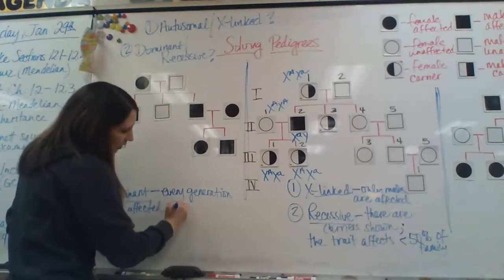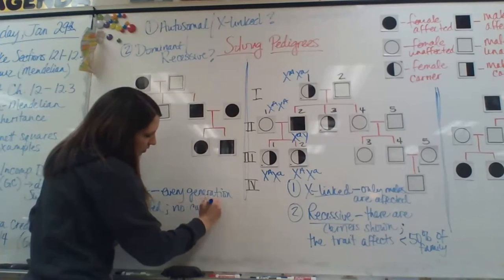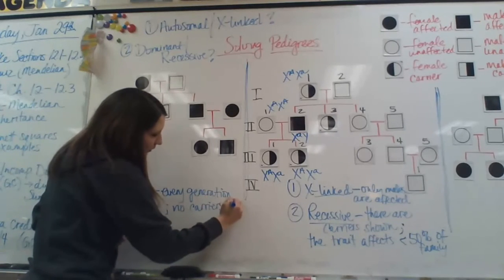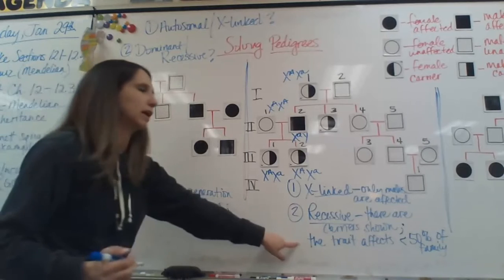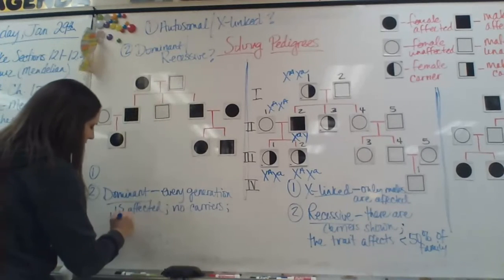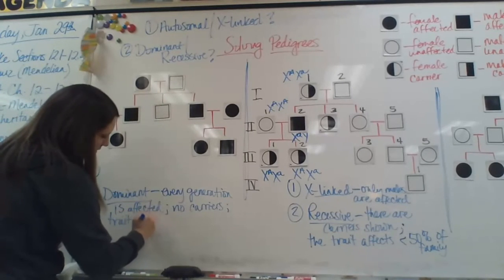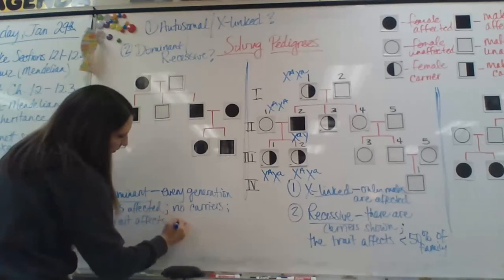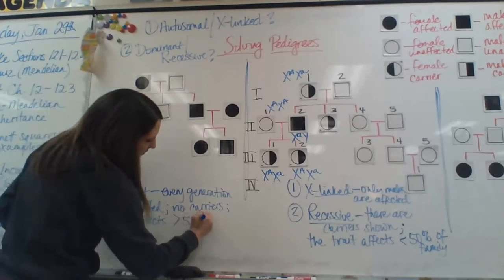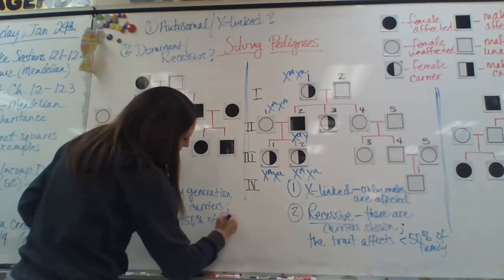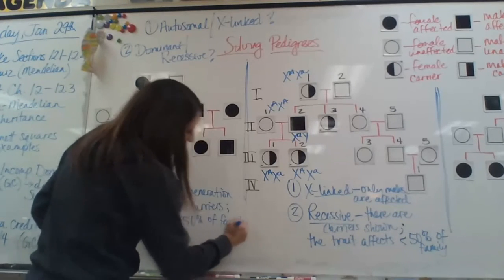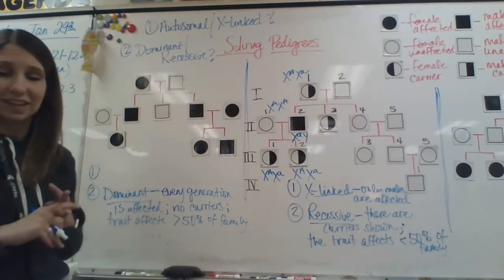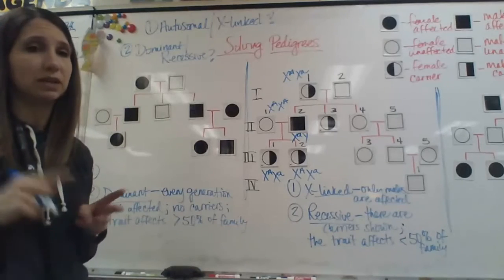We could also say no carriers. And then we could also add kind of the opposite of what we put right here: the trait affects more than 50% of the population, so greater than 50% of the family. Okay, so for those three reasons this time, we can say, hey, this appears to be a dominant type of trait.